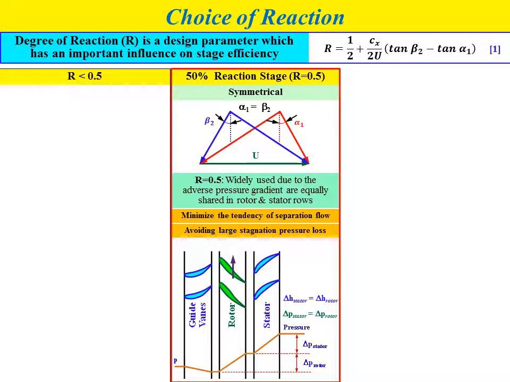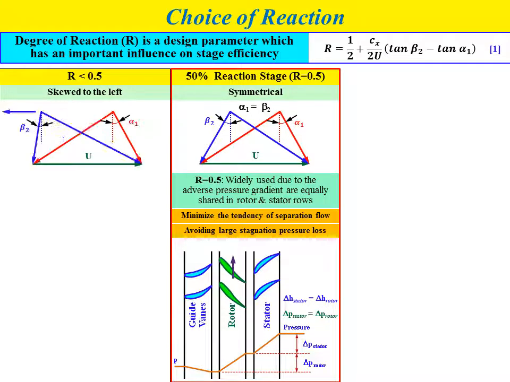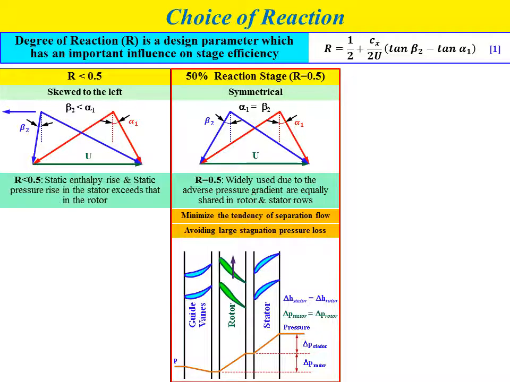The second category is for R less than 0.5. If you look at the velocity diagram at the inlet and also at the outlet of the rotor, in terms of features, the velocity diagram will skew to the left as shown in the figure, and the beta 2 value will be less than the alpha 1 value. For R less than 0.5, the static enthalpy rise and also static pressure rise in the stator exceed that in the rotor.